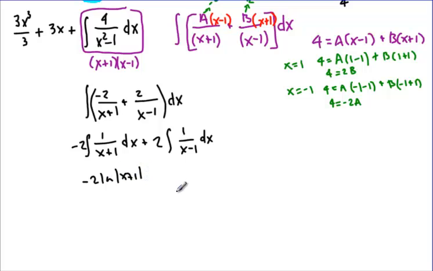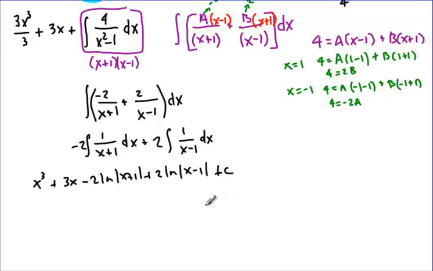Remember, a natural log can only take positive values or it won't work. Then plus 2 times the natural log of the absolute value of x minus 1. So that's how this integrates. And we'll just bring down our 3x and our x cubed. And so here's your answer, plus c.